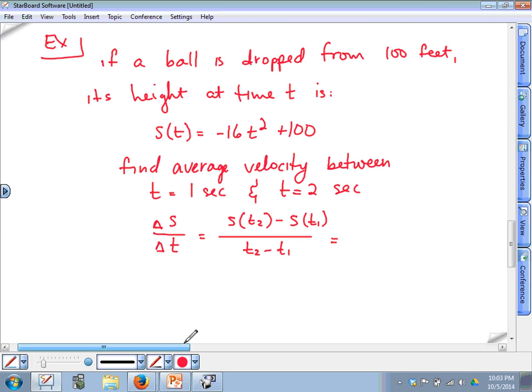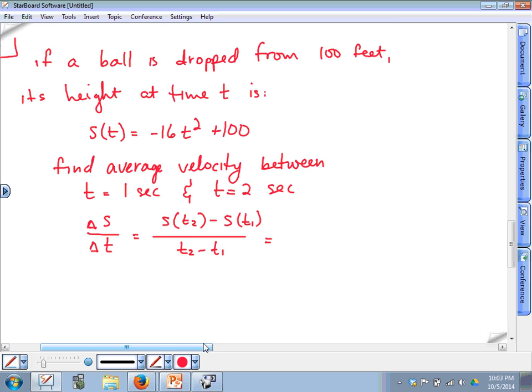So we have to figure out the position at 2 seconds. We have to figure out the position at 1 second. So the position after 2 seconds is negative 16 times 2 squared. 2 squared is 4. 4 times negative 16 is negative 64. Negative 64 plus 100 is 36 feet.